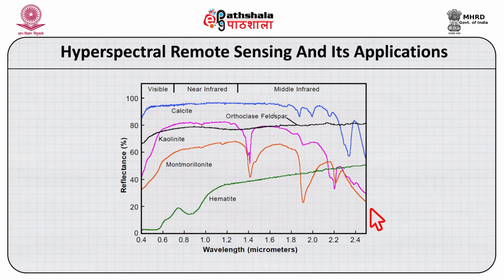If you see the reflectance spectra of some representative minerals, a couple of minerals have been taken as examples: hematite, montmorillonite, kyanite, then calcite, and then orthoclase feldspar. The wavelength region has been plotted on the x axis, and reflectance, the proportion of the sun's energy that is reflected, in percentage on the y axis.